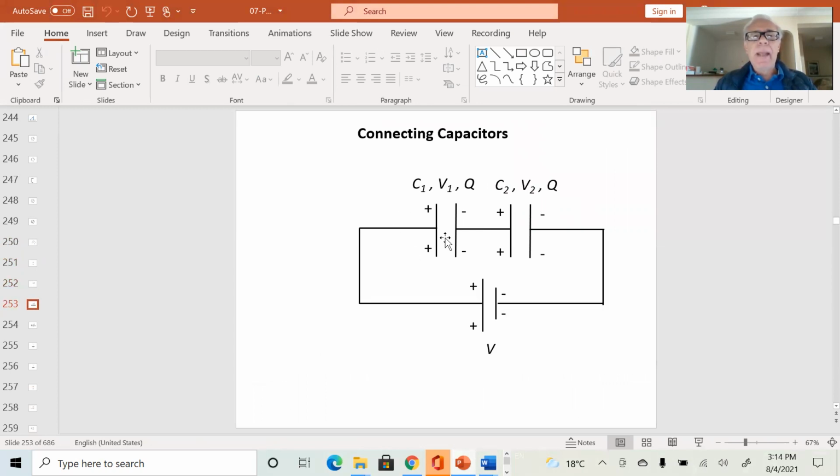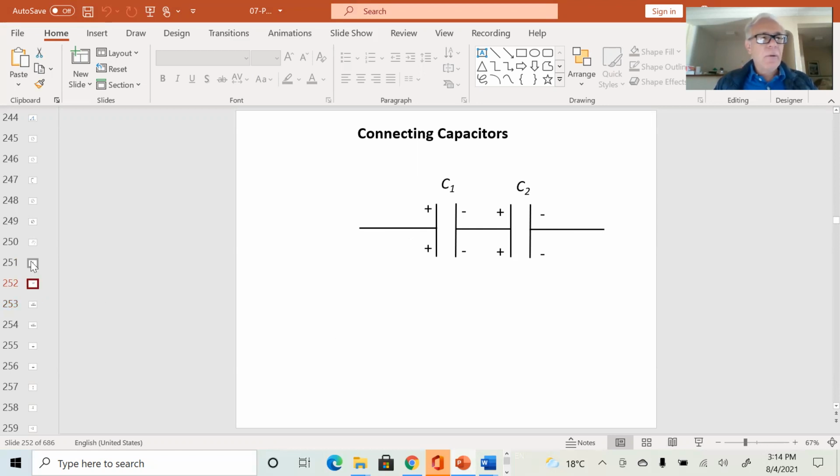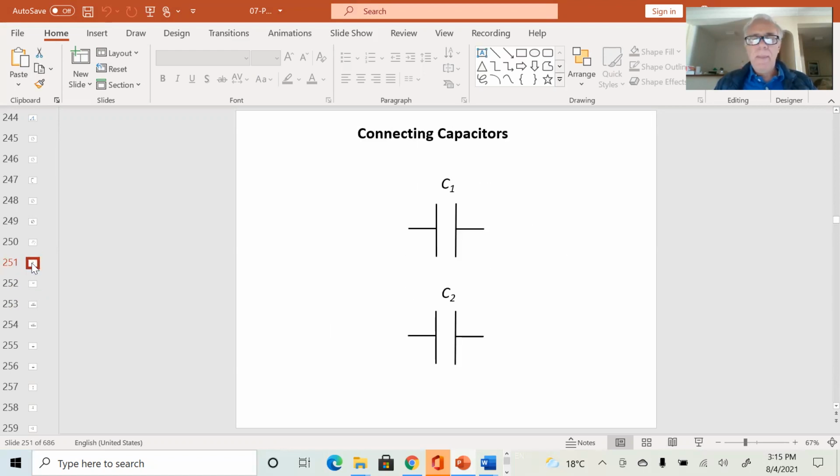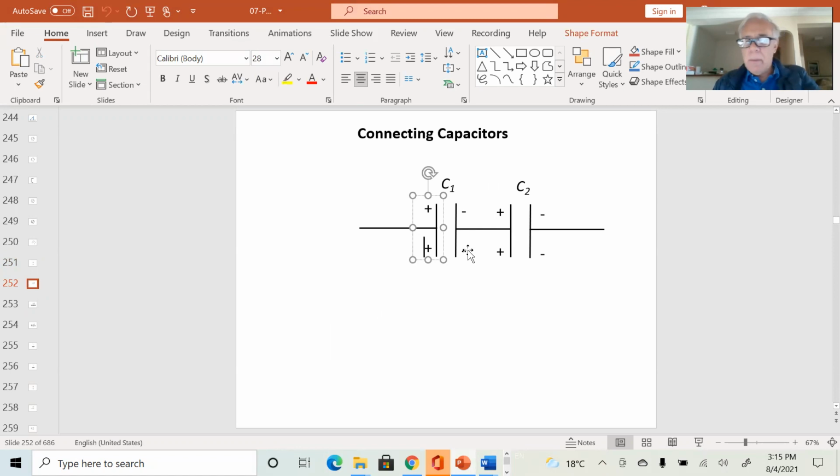The right plate becomes positively charged, the left plate becomes negatively charged, because those negative charges flow this way, positive charges flow this way. First, we have to start with two capacitors that are initially discharged. They're not supposed to be charged, because they're not connected to a battery yet.